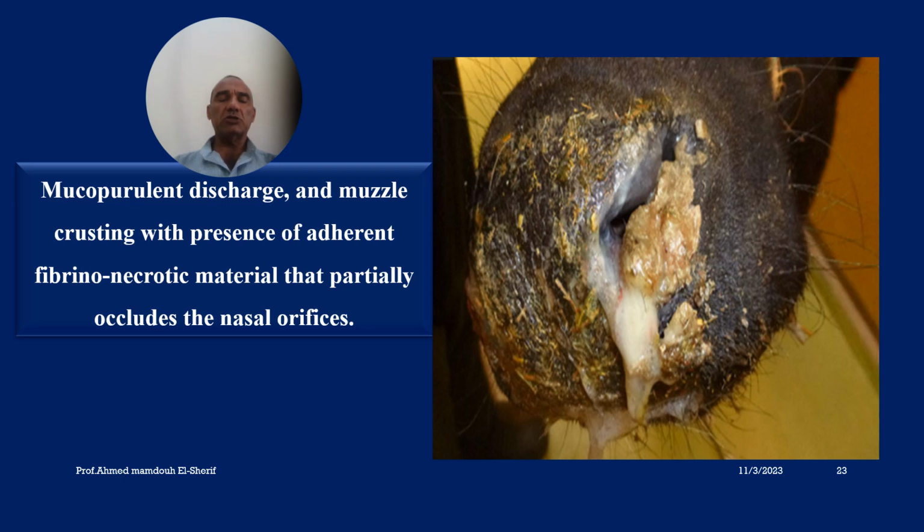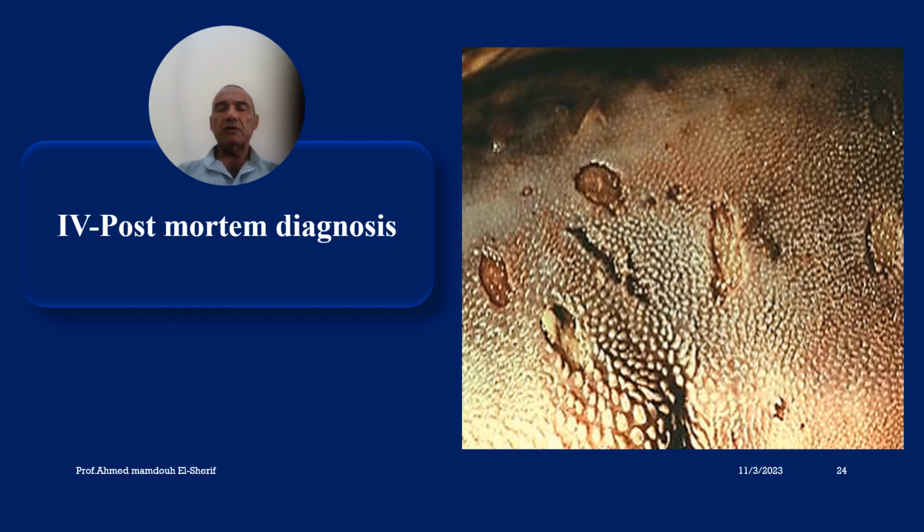Mucopurulent discharge, as appears in this picture, and muzzle crusting with adherent fibrinonecrotic material that partially clouds the nasal orifices. Post-mortem diagnosis. This picture shows the erosion that appeared on the tongue of the animals during the head and eye form and the alimentary form.